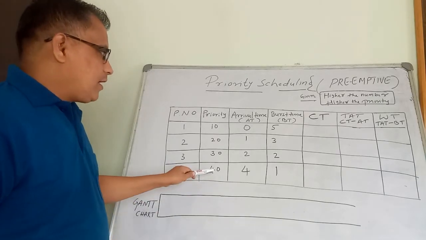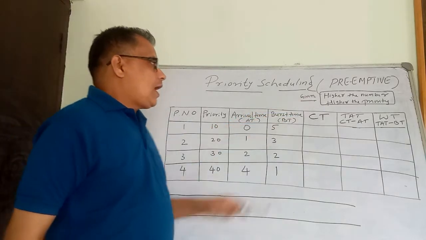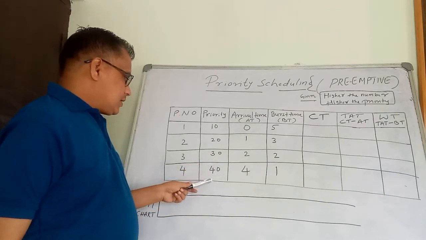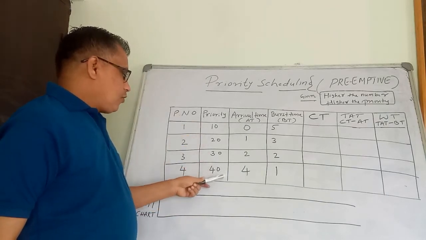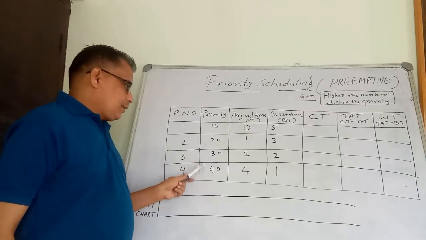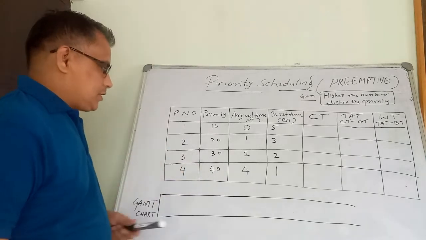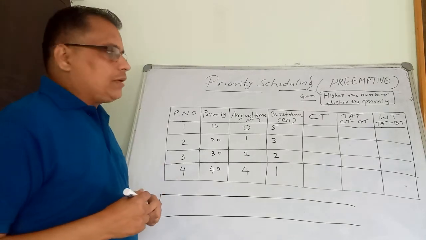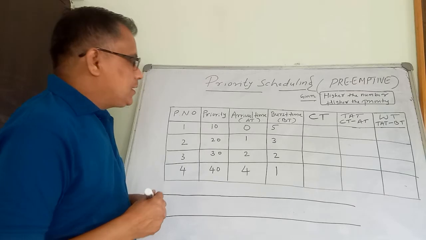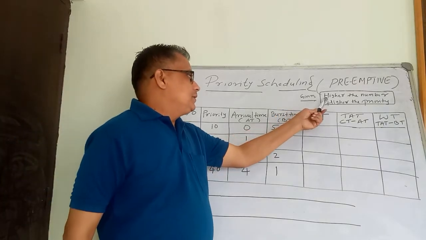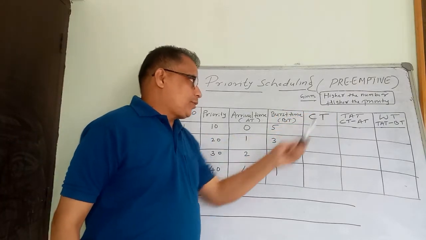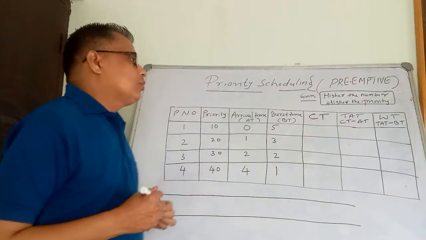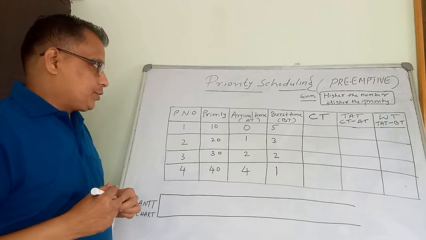That means higher the number, higher the priority, so 40 is the highest priority compared to other processes. In the examination they may mention higher the number, higher the priority, or they may also mention lower the number, higher the priority, my dear students.